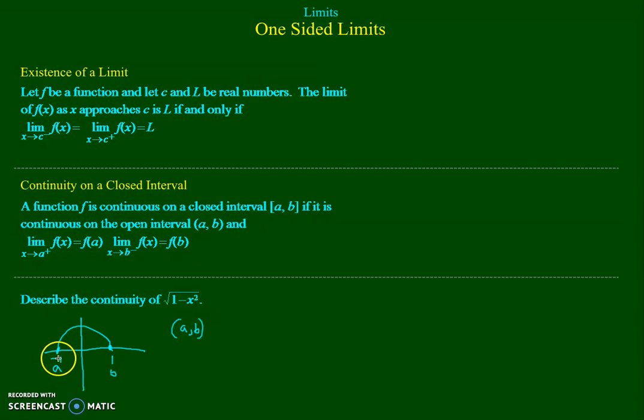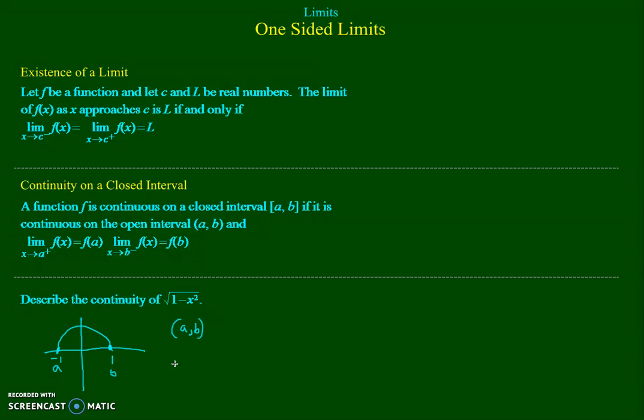And f of negative 1 is 0, and that's the limit. So based on the definition of continuity on a closed interval, we can say that this function, square root of 1 minus x squared, is continuous on the closed interval AB because of all those conditions being met.